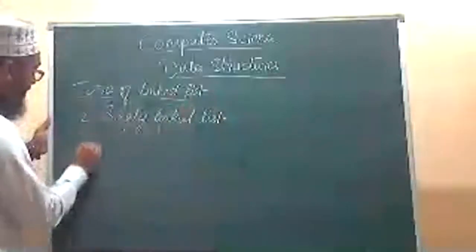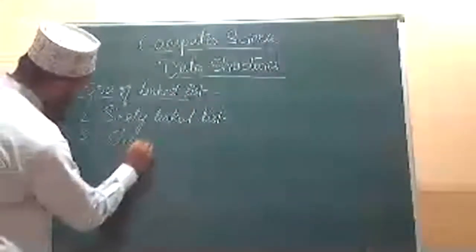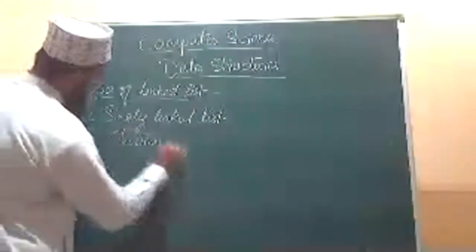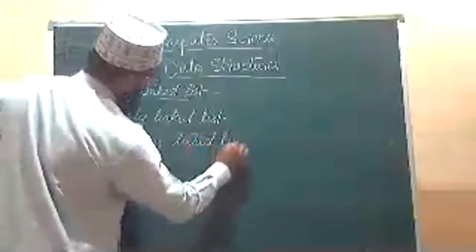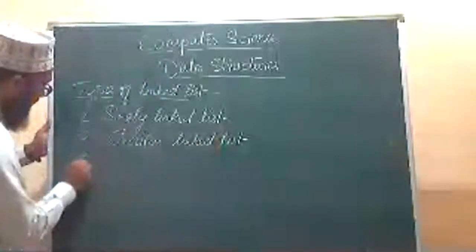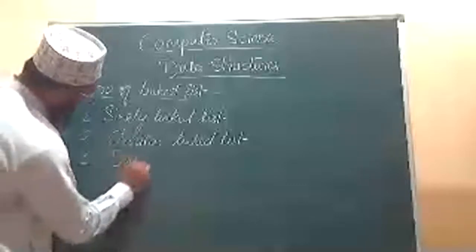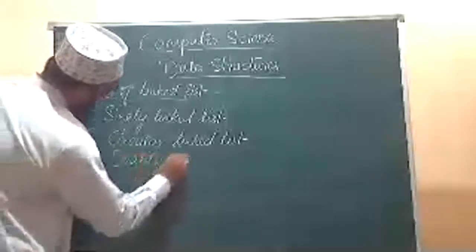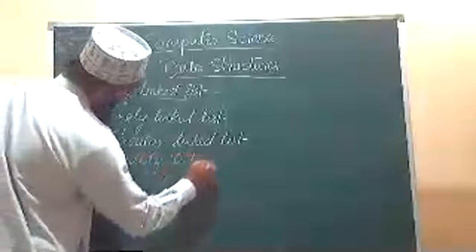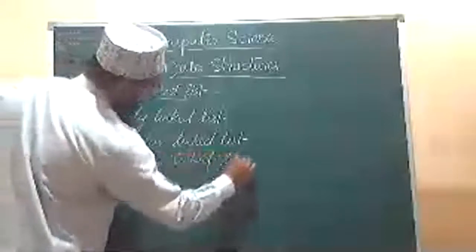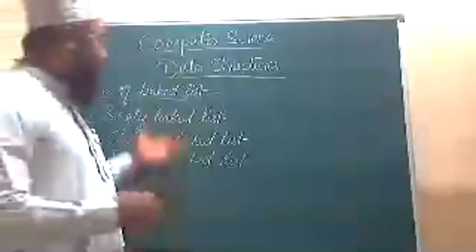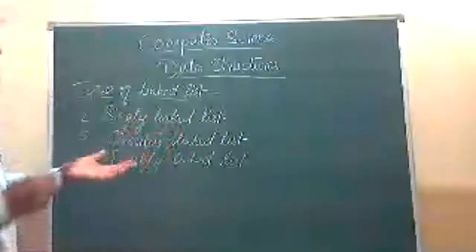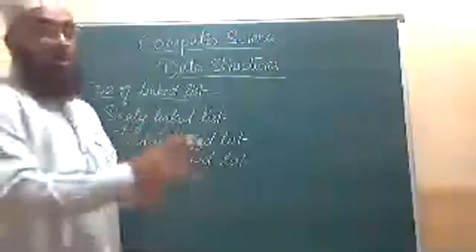The next one is circular linked list. And the last one is doubly linked list. So these are basically the three types of linked list.